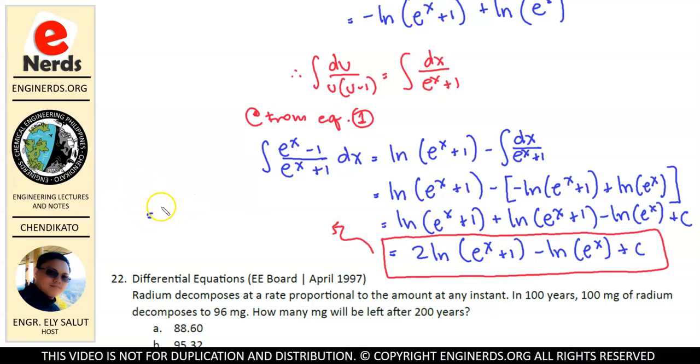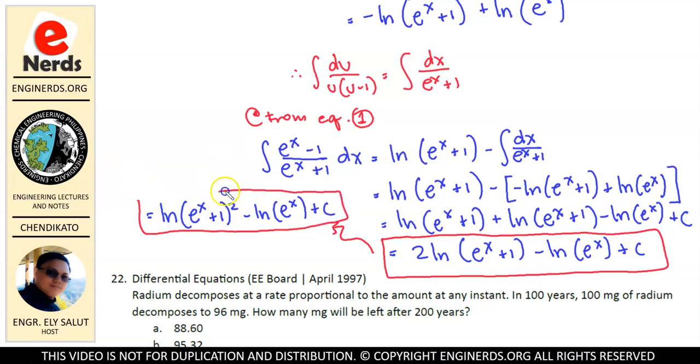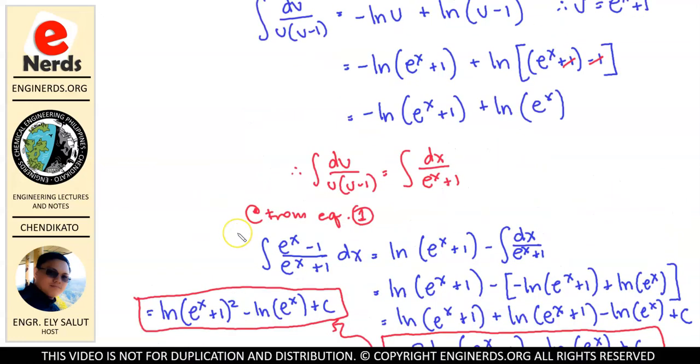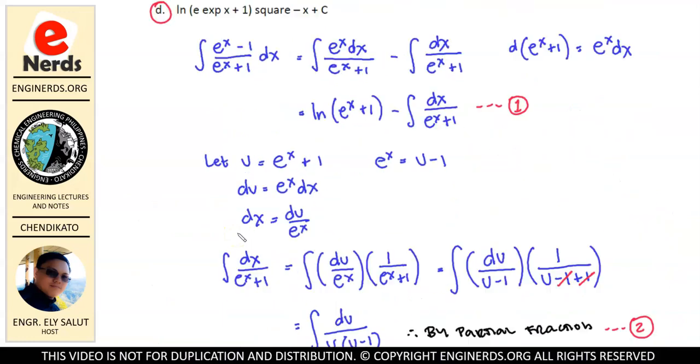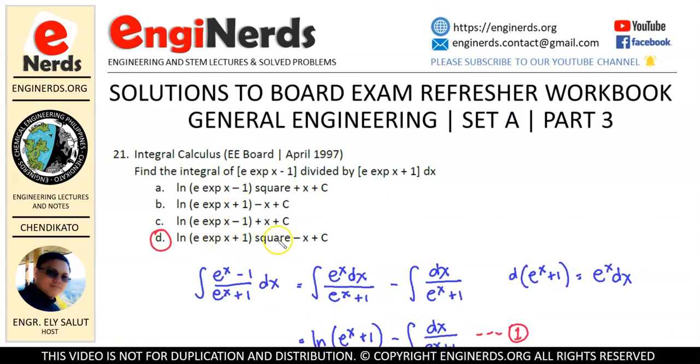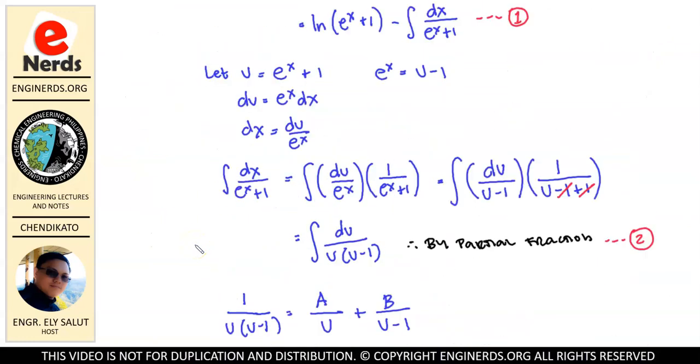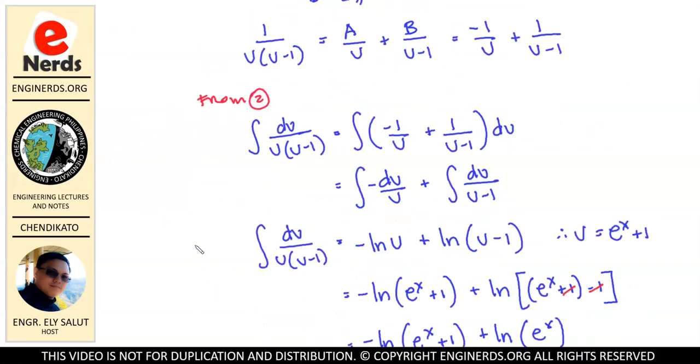So this will be equal to ln of e to the x plus 1 squared minus ln e to the x plus c. That's why it is squared. So this is our final answer, which is why our choices are squared. Okay? So let's go now to problem number 22.